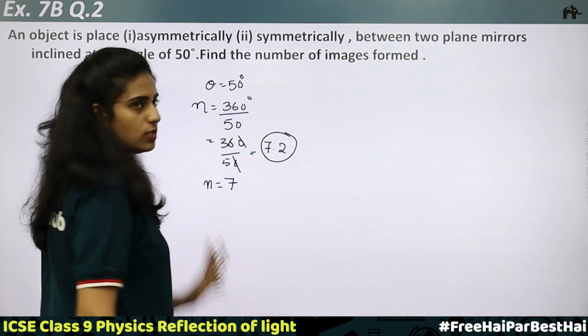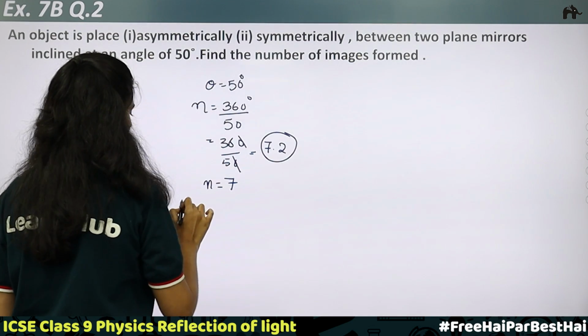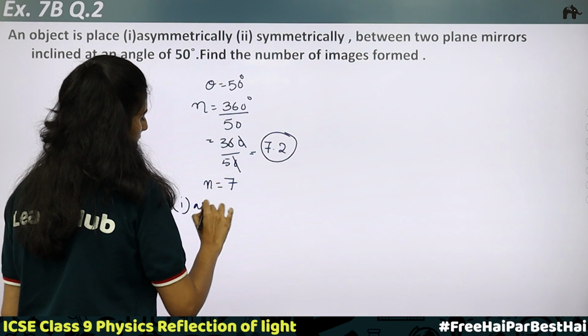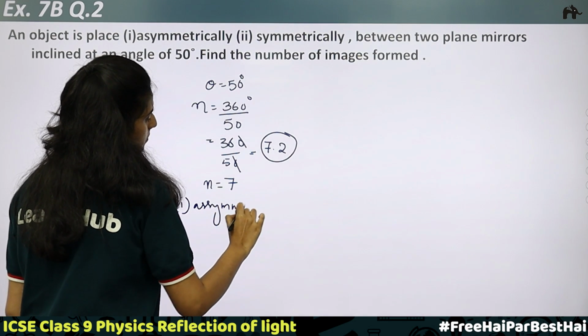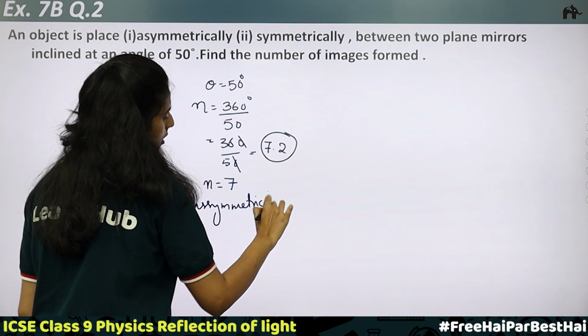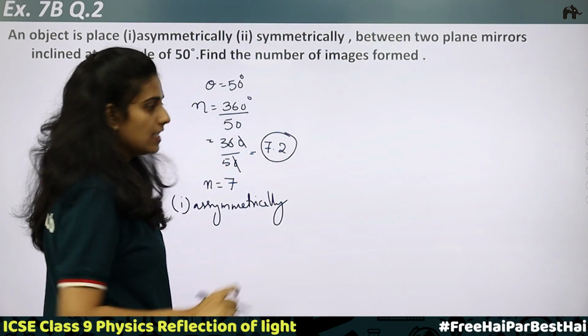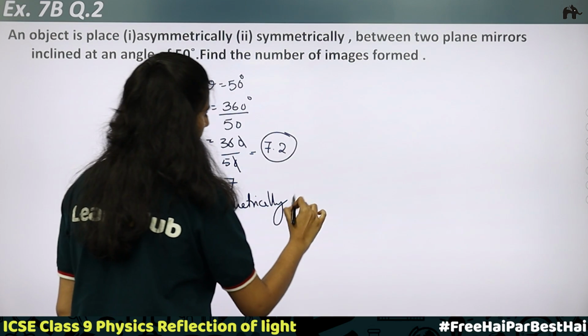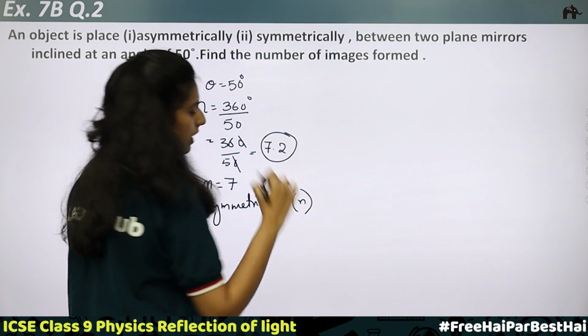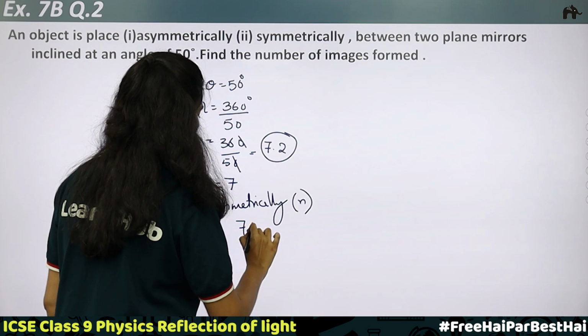If n is equal to 7, the first case is asymmetrically. Asymmetrically means we are not placing the object on the bisector. In the asymmetrical case, the number of images will be equal to n, that is 7 images.